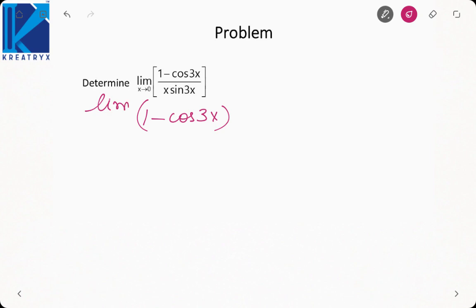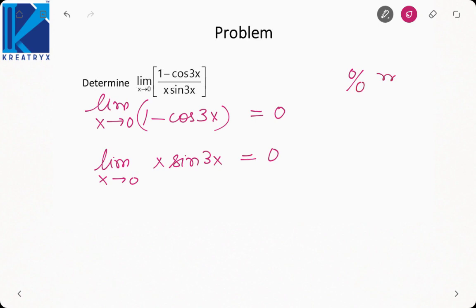As x tends to 0, cosine tends to 1, so 1 minus cosine tends to 0. As x tends to 0, sine as well as x tend to 0, so the denominator also tends to 0. So it is a 0 by 0 form, and I have to apply the L'Hopital rule.